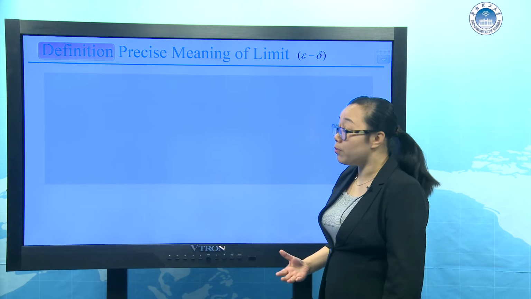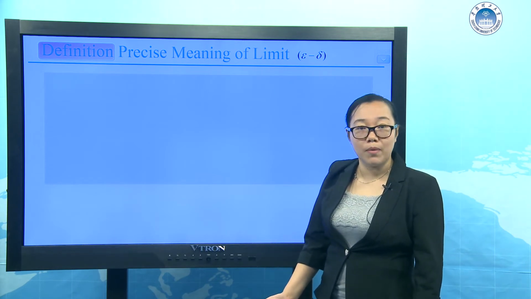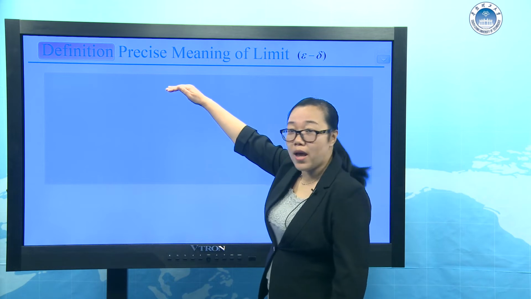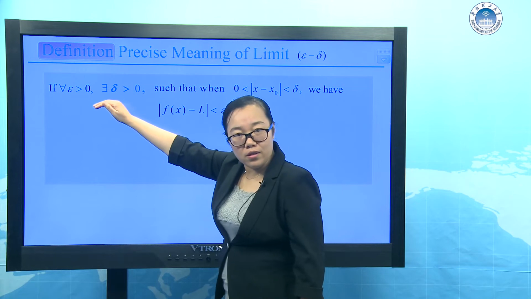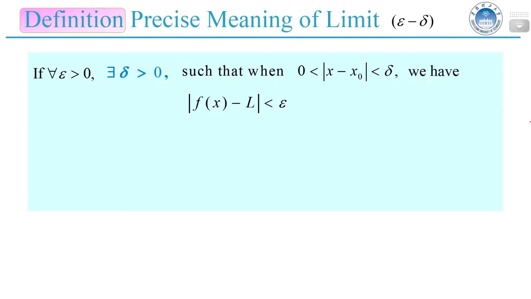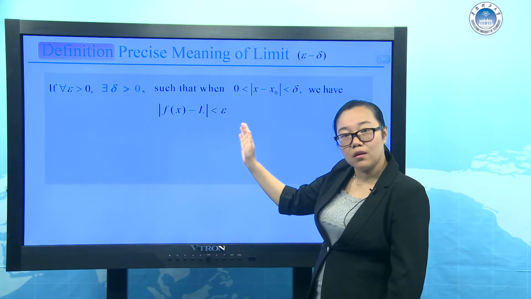Now look at how to express the limit using mathematical language, meaning the precise meaning of limit. For any epsilon greater than 0, there exists delta greater than 0 such that if x satisfies this expression, this means x is sufficiently close to x0 but different from x0, only tending to the point but not equal to the point, we always have the absolute value of f(x) minus L less than epsilon.